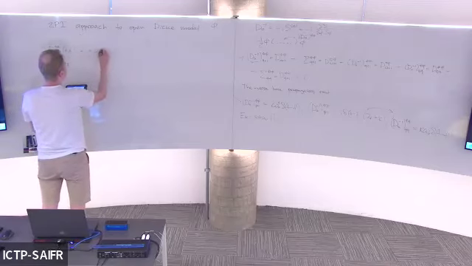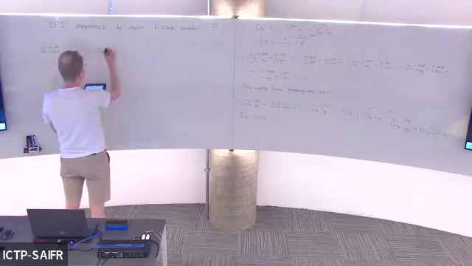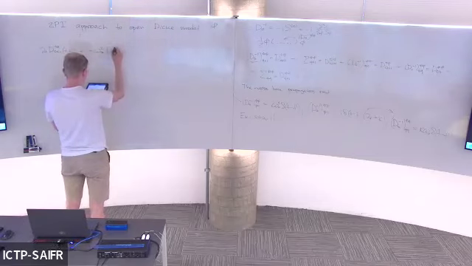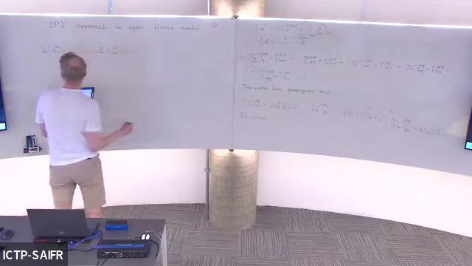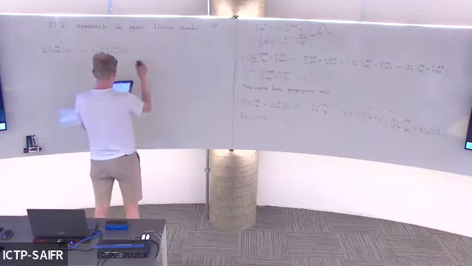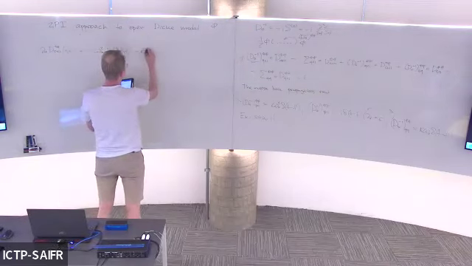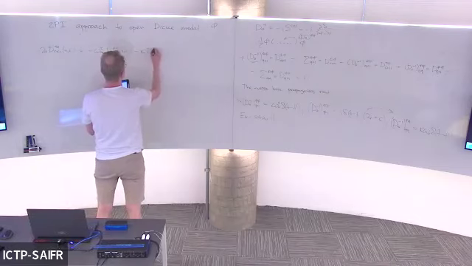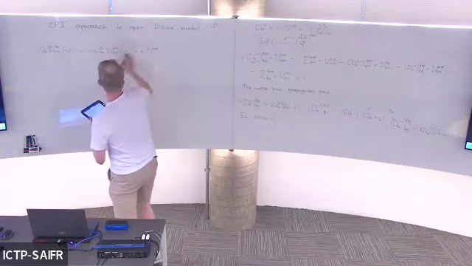Minus squared. Kappa. So here we already see the damping, right?